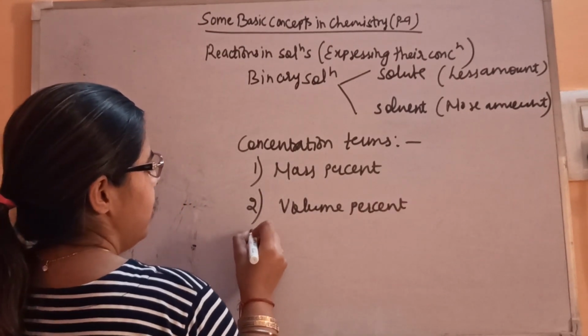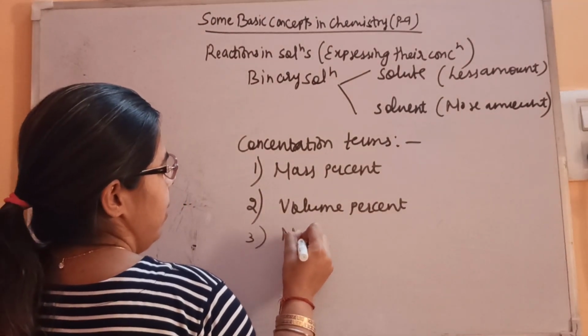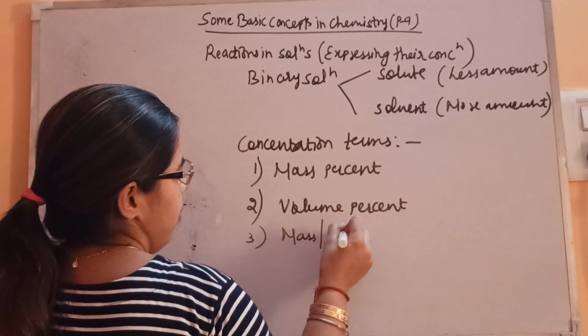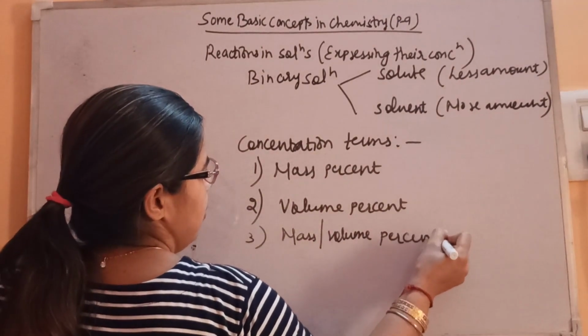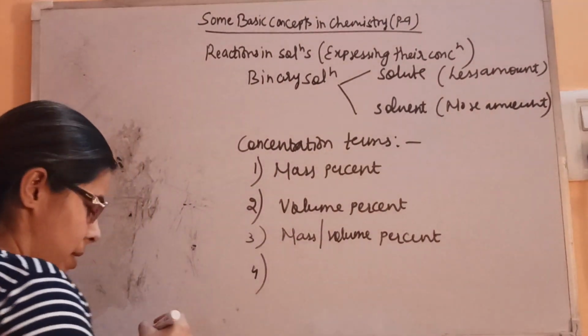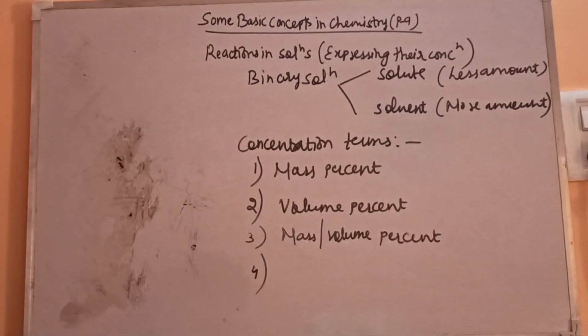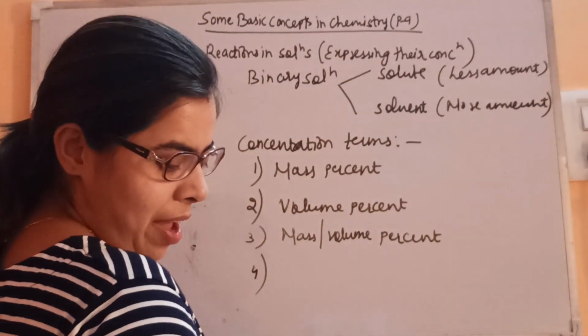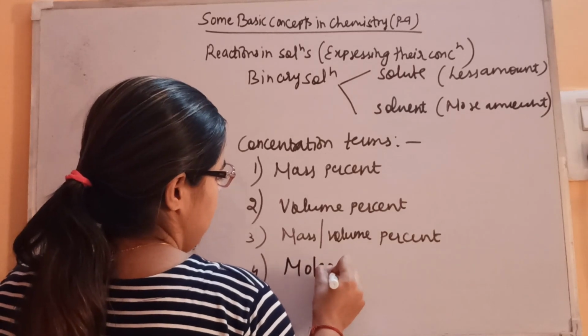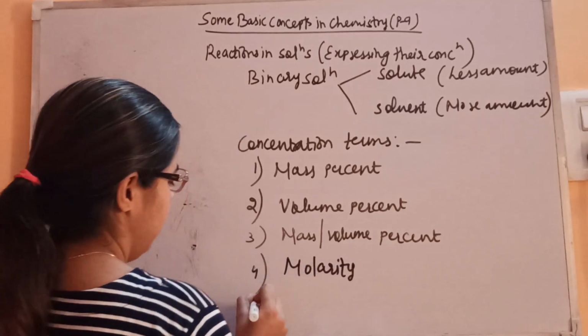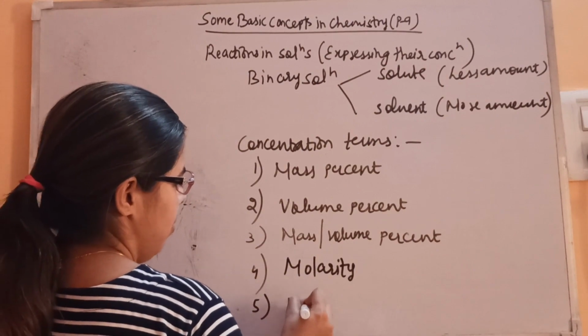Third is mass by volume percent. Then a few terms are new that you will be studying now in 11th standard only. Then we'll talk about molarity. Then the fifth one is molality.